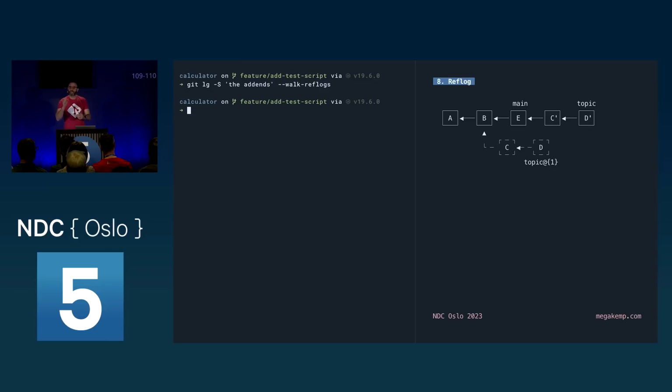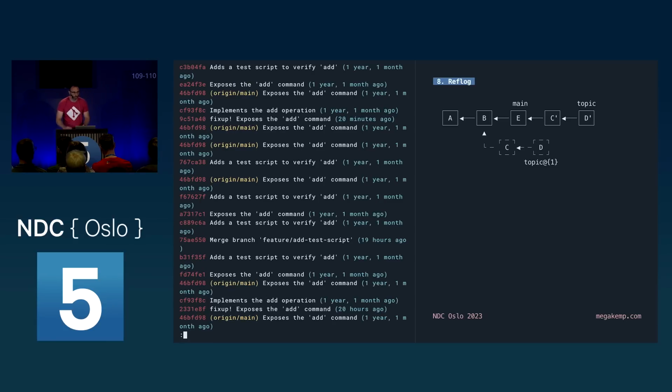But always add walk reflogs. Another thing you can do is, what if I remember the commit message? I don't remember the change, but I remember some word in the commit message. Then you can say git log --grep and then you can say what was in the commit message, a word. For example, you can say, I don't know, add. And then you say walk reflogs.